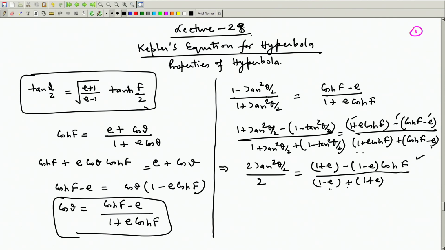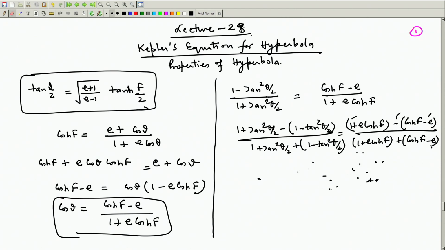and here also need to change 1 minus e and then plus 1 plus e. Something wrong here. We'll go on the next page.